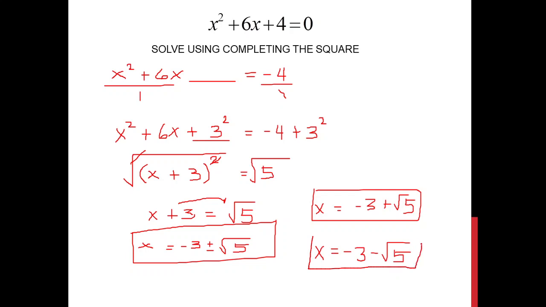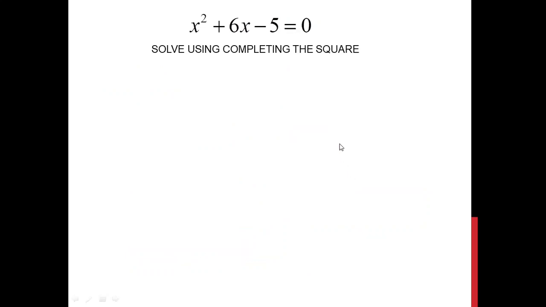Now you have your two roots for the equation x squared plus 6x plus 4. Try to remember this result as we solve the same equation using the quadratic formula. Moving on to our next example.